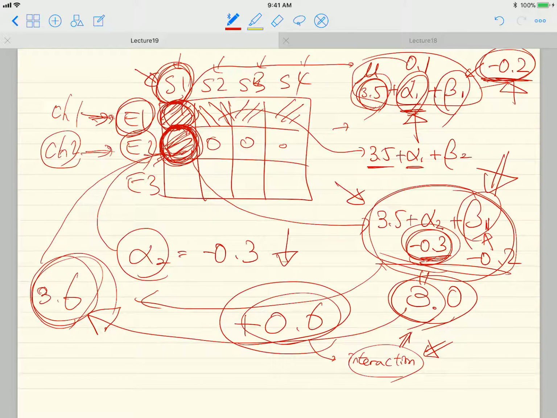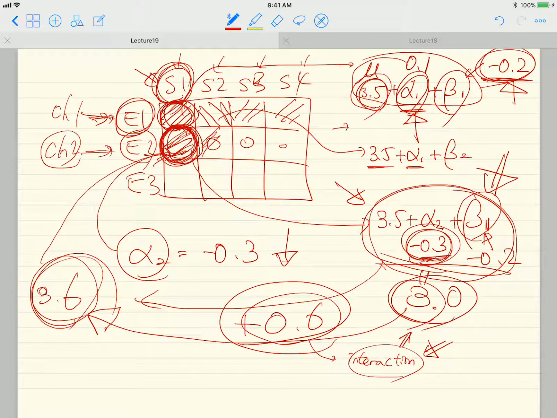Our model is additive, which means that the mean value is fully represented by just adding the individual effects of these aspects that we have. Okay, any questions so far?